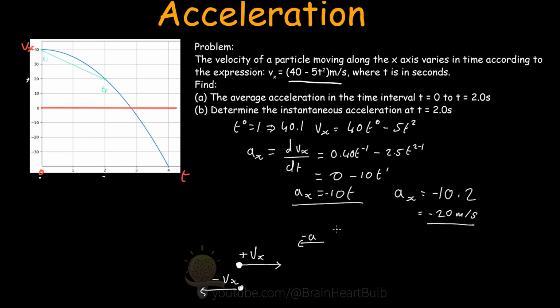But we still have a negative acceleration working on this particle. So it causes the particle to speed up in the negative direction. And you can see this here. So at 4 seconds, the particle is moving at minus 40 meters per second, and it will continue to speed up.